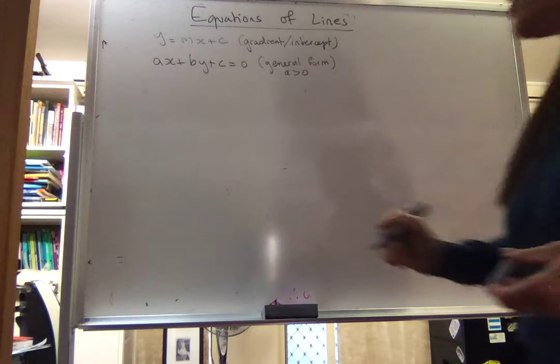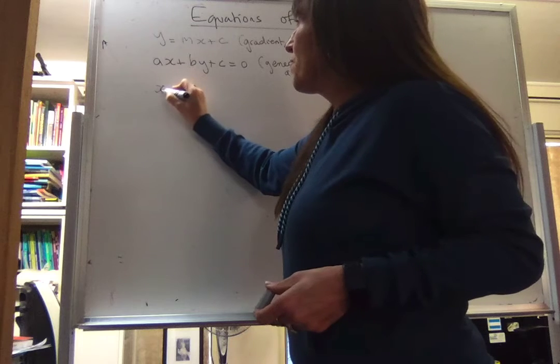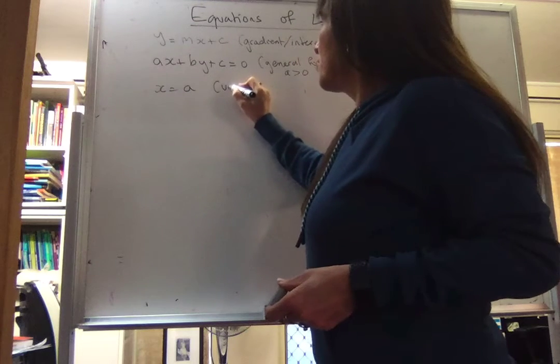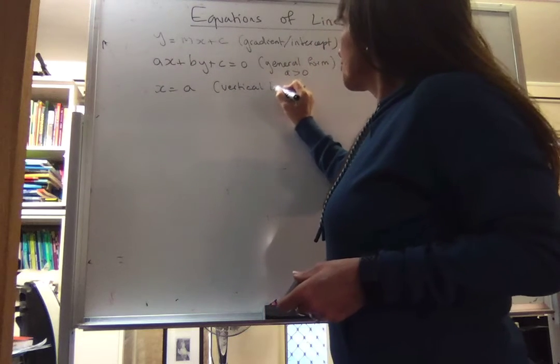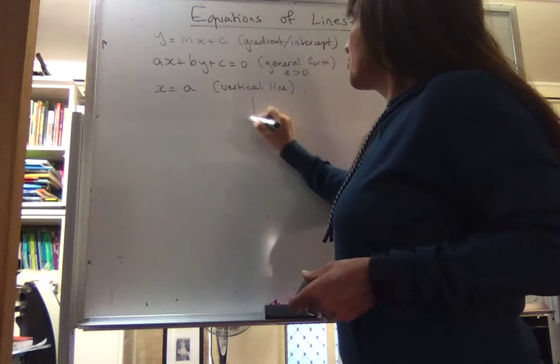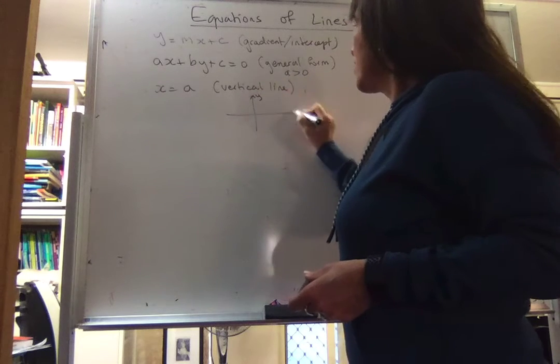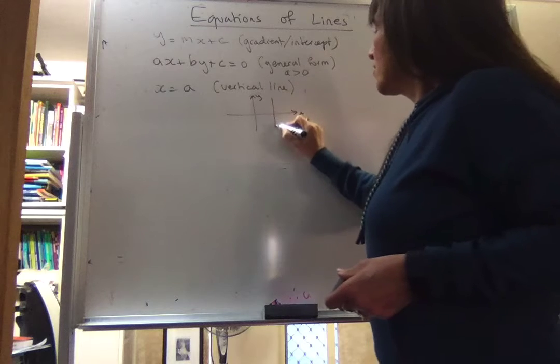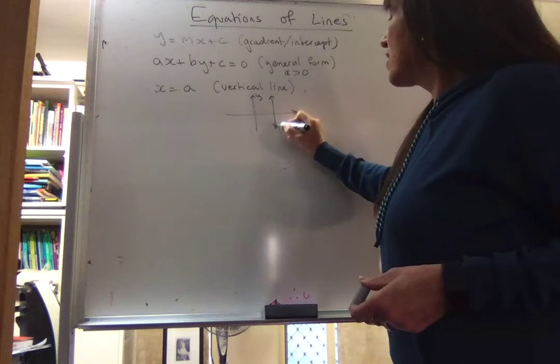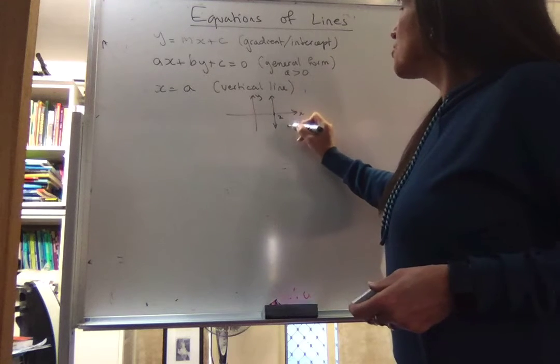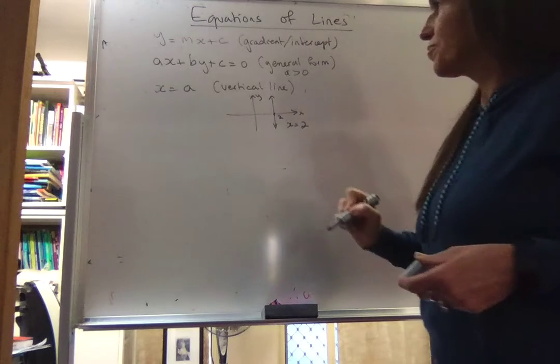And then we have vertical lines in the form of x equals a. So this is a vertical line. And of course, you know that this is my y, this is my x. So this line here, let's say that's 2, that's x equals 2.